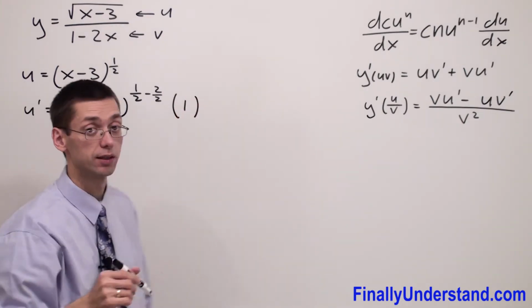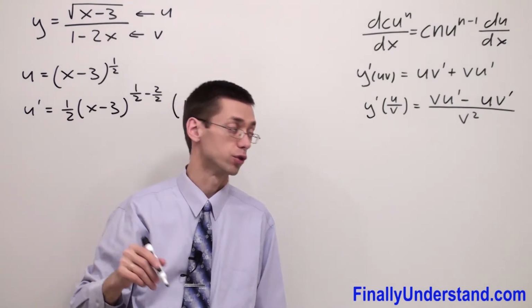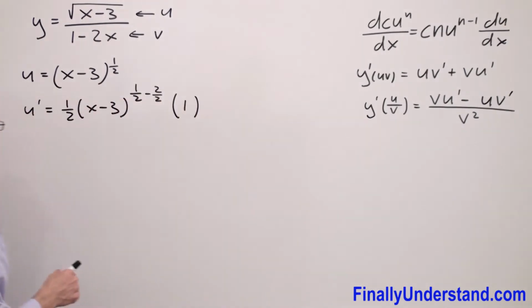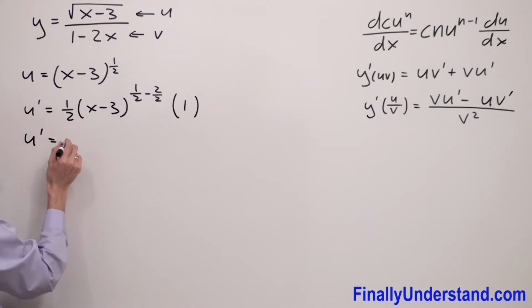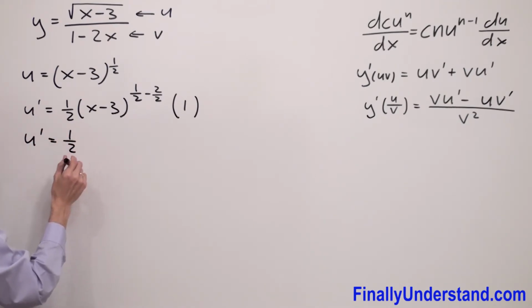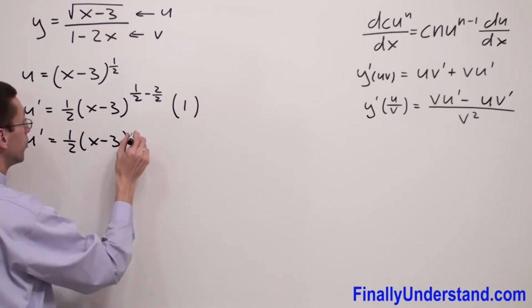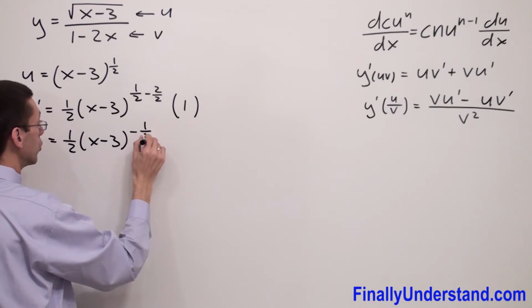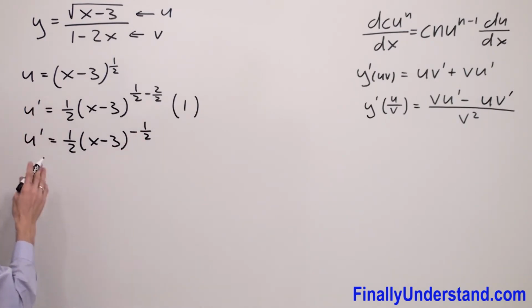If you don't understand what I'm doing right now, you're supposed to review the previous problems which we saw. So u prime is equal to 1/2 times x minus 3 to the power negative 1/2 times 1, which is going to give me exactly the same thing. So this is my u.